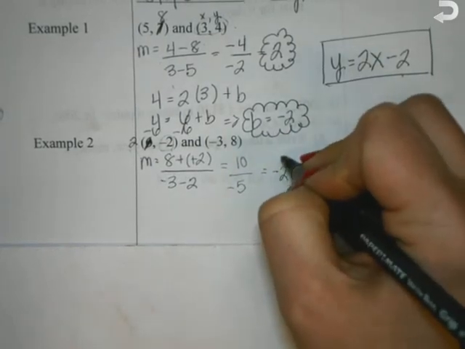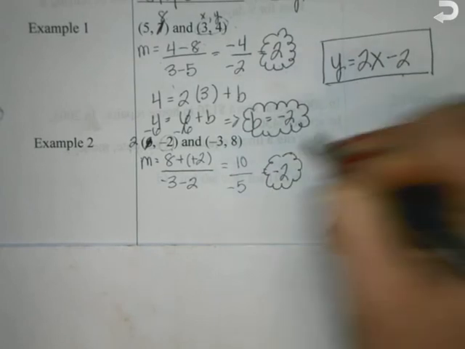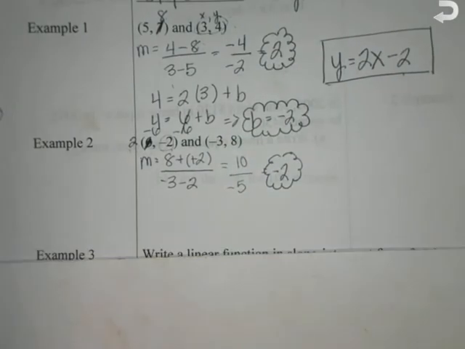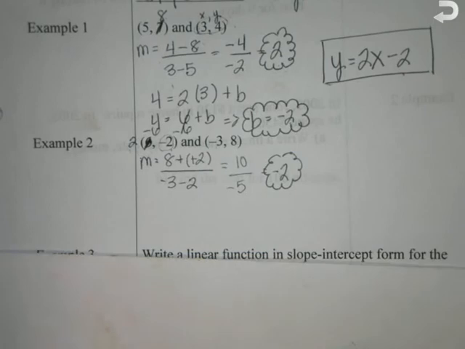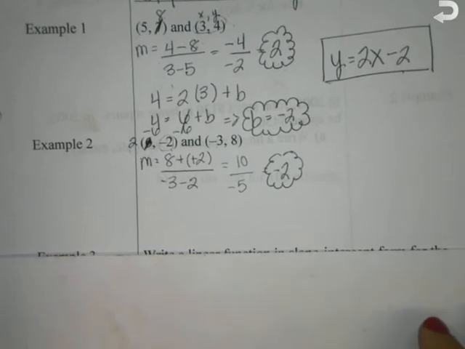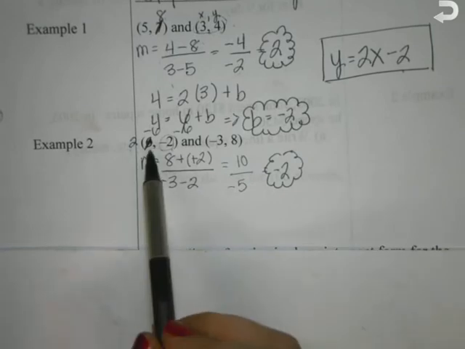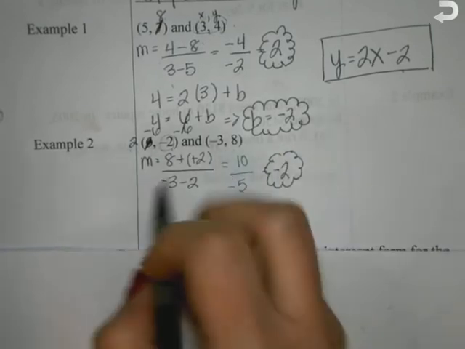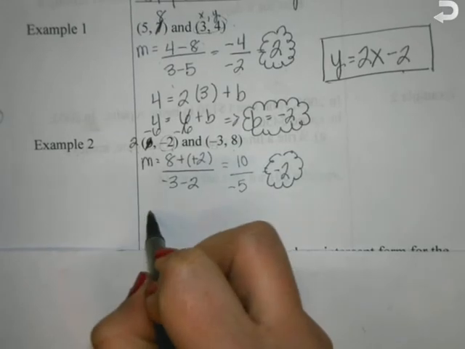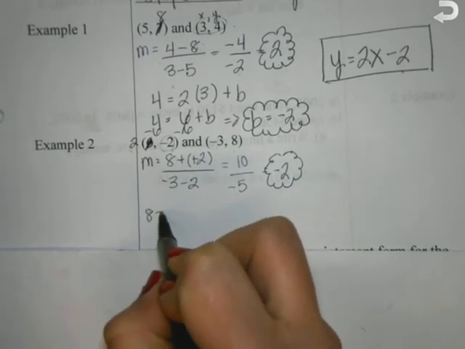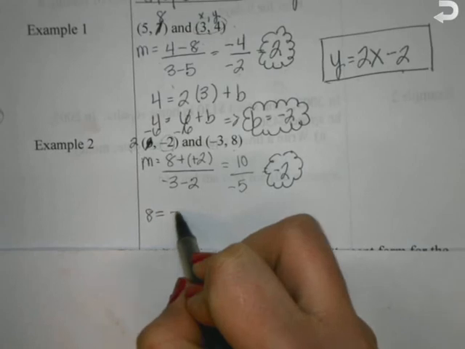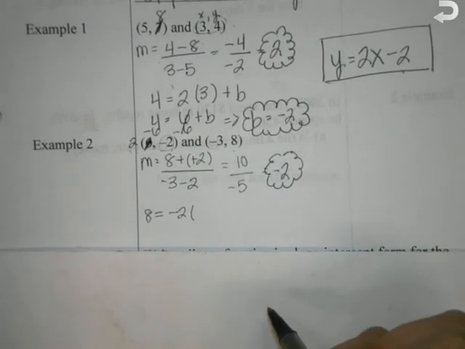Okay. All right. Next step. Tommy. I did -3 and 8. Okay, since 8 is our y, we're going to go 8 equals -2 times -3 plus b.